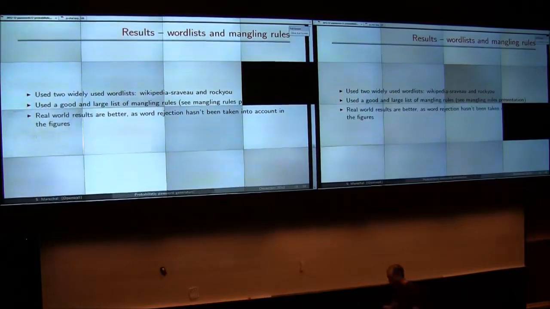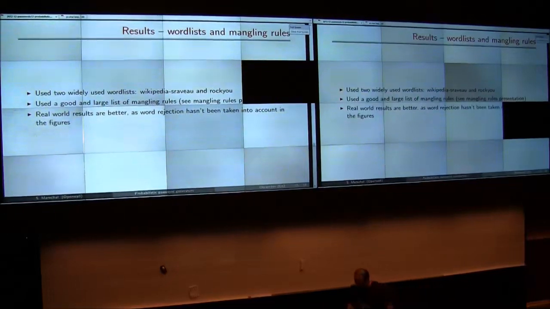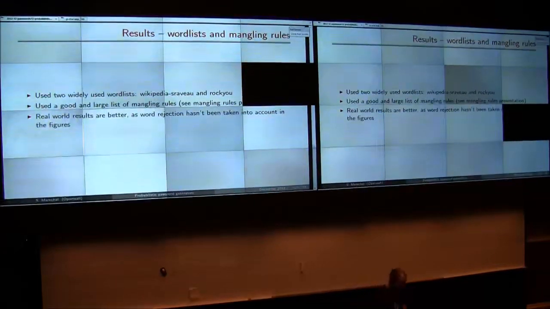So, a word about all the graphs is that I have graphed passwords found by passwords tried, but what you are actually interested in is passwords found by time spent. And this I haven't graphed. Also, in the case of word lists, and especially mangling rules, as I will explain later, there are mangling rules that are smart enough to discard some of the passwords.